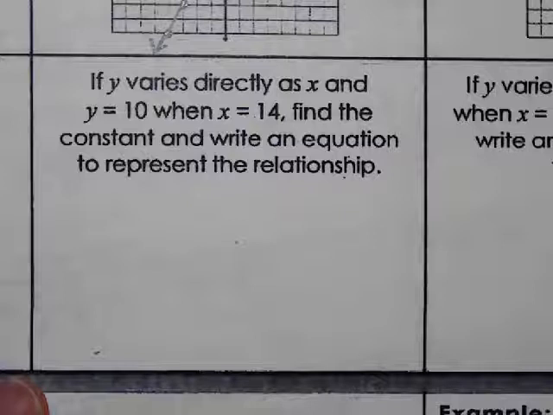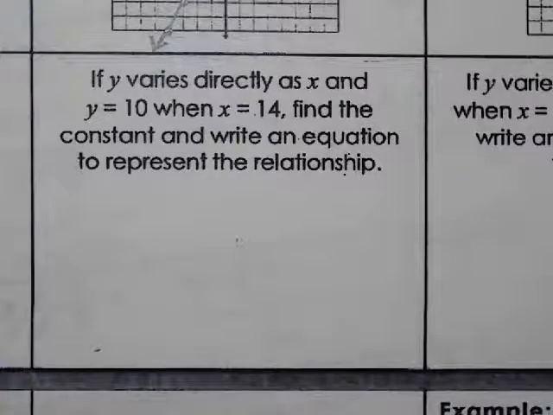So it says, if y varies directly as x, and y equals 10 when x equals 14, find the constant and write an equation to represent the relationship.